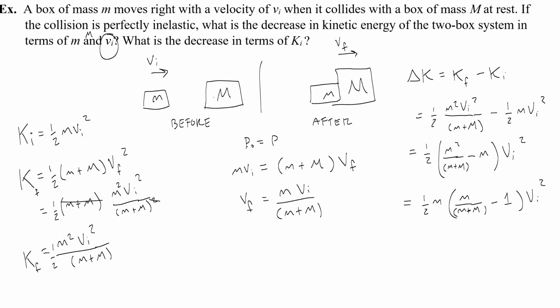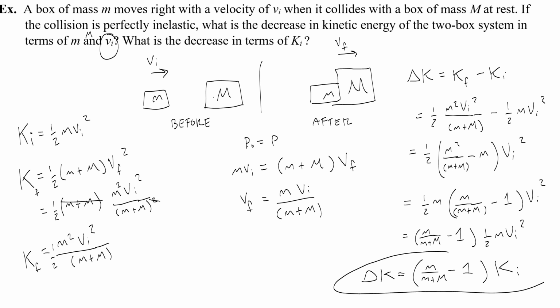But if you wanted to get a decrease in terms of Ki, then basically you would rewrite this, m over m plus capital M minus 1, with the 1/2 m Vi squared over here, because this is your kinetic energy in the beginning. So you would have m over m plus capital M minus 1 times Ki. That would be also another possible choice on an AP multiple choice question, or perhaps a free response. Congratulations, you are done.